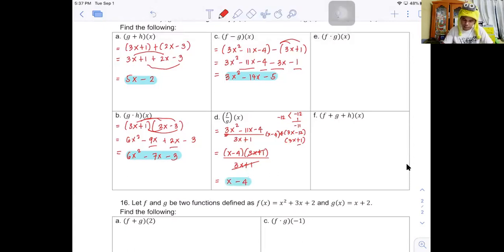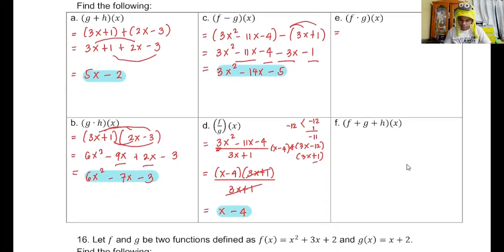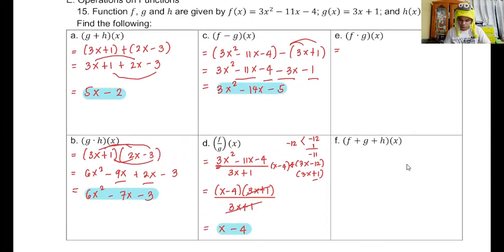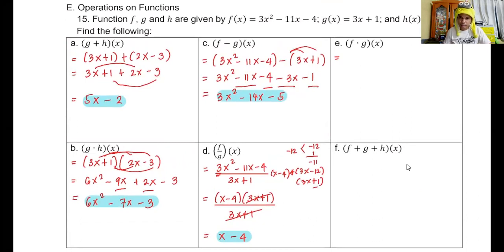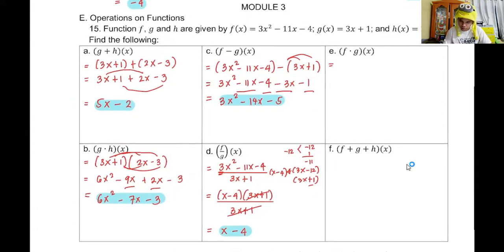For letter E, we have here, wait a moment. So, multiplication. And this time, it is a bit confusing because one factor is a trinomial. So, this one is actually longer. So, let's maximize it. We have here F, 3x squared minus 11x minus 4.